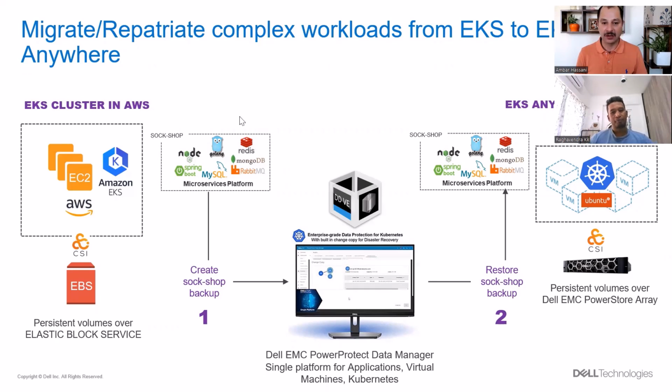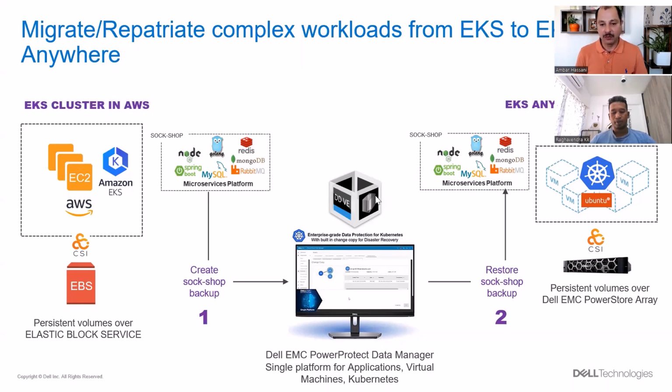The SockShop application is a polyglot application, so you saw 6 PVCs, and we'll observe them again. At the same time, we have our EKS-Anywhere cluster set up on my virtualized environment, and it's already integrated via the CSI drivers with our PowerStore array, right?